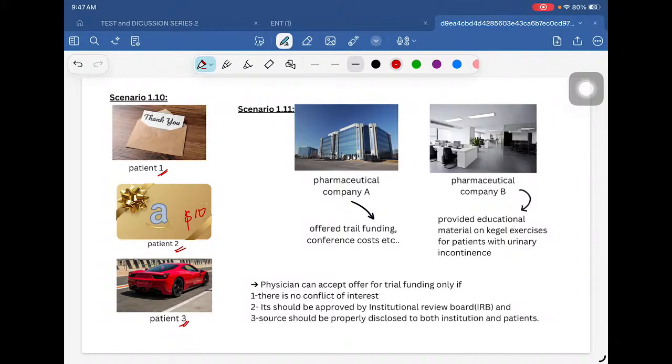Patient 3 told you they're going to give you a Porsche car, they gave you the keys because they're very happy that they were treated and now they're going back home. Among these three patients, from which patient can you accept the gift and from which can you not? Those who have watched Grey's Anatomy might know a little more about this.